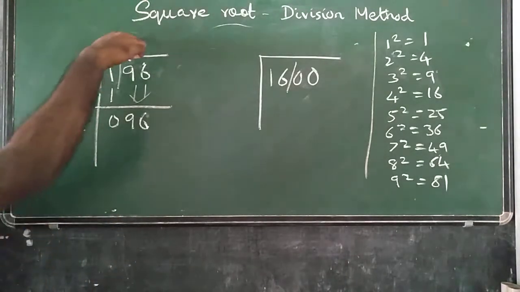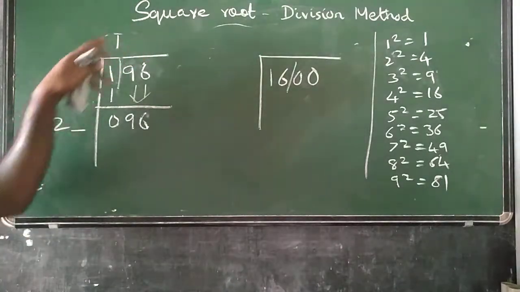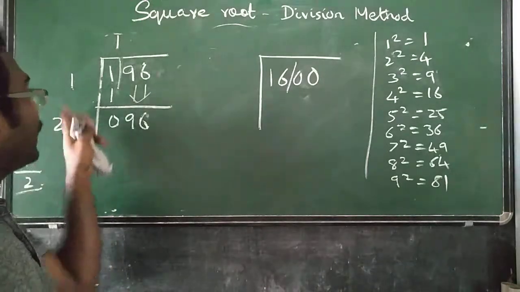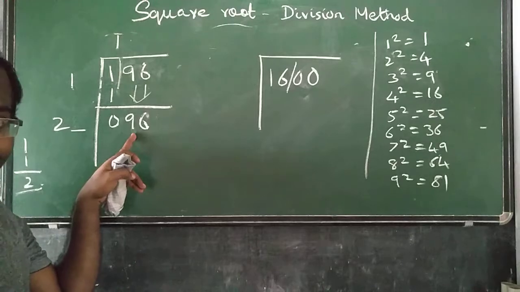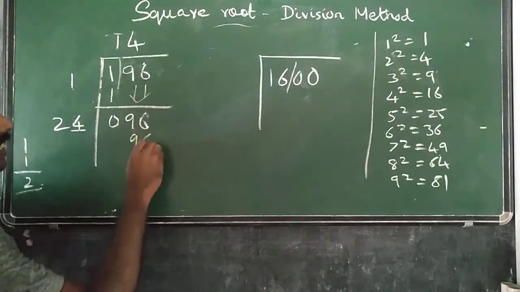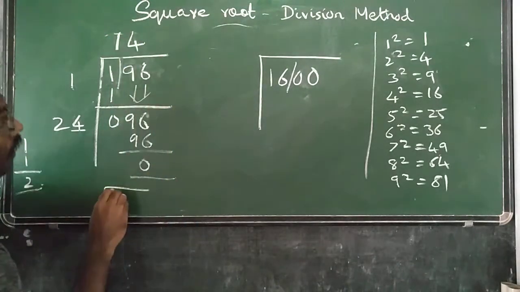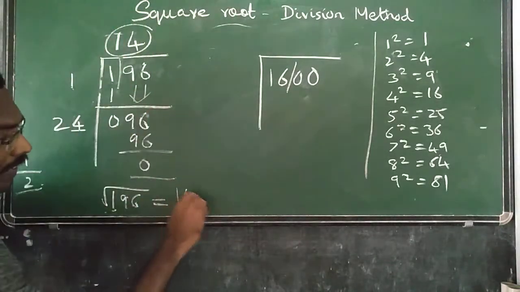Here 1 means here also 1. 21 into 1 is 21. 2 means here also 2, 22 into 2 is 44. 23 into 3 is 69. 24 into 4 is 96. Exactly. So 24 into 4, the answer is 96. Remainder is 0. Therefore, the square root of 196 is 14.